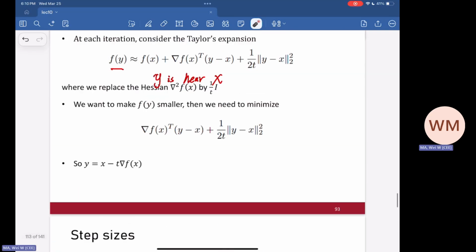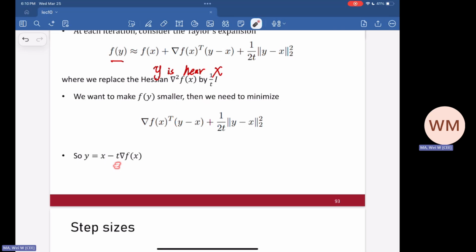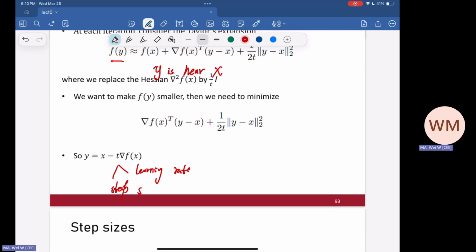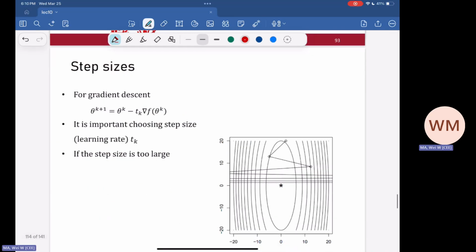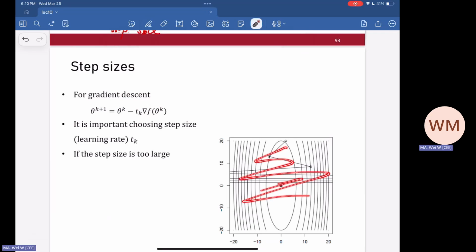Here we have a t. This t, we call it a step size, or a learning rate. Both are okay. If the step size is too large, it does not converge.